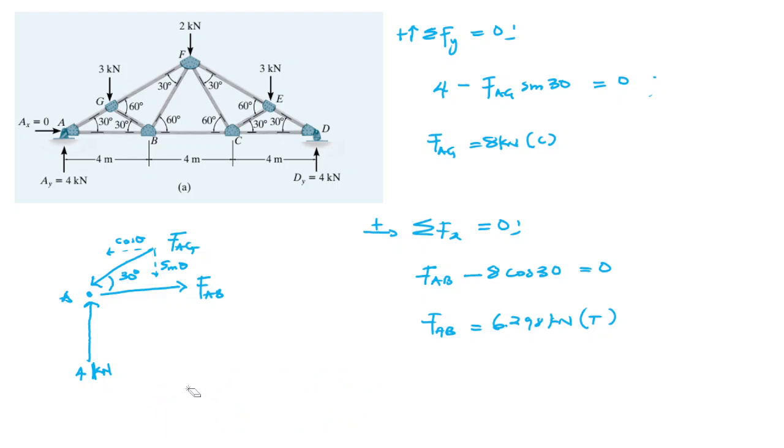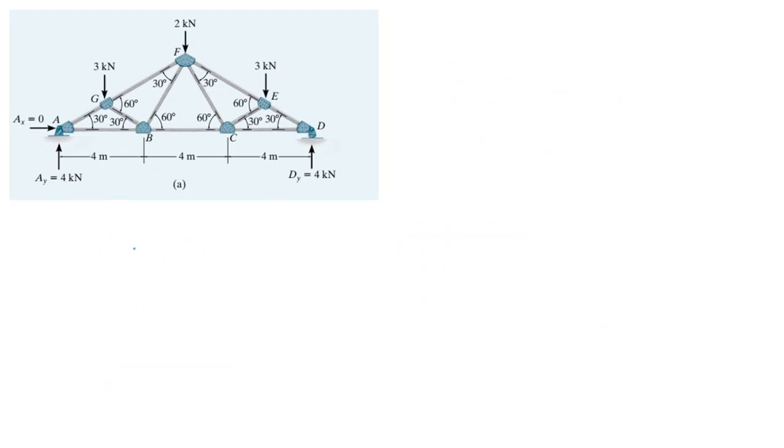We look at joint G. So we go to joint G. If we take joint G for instance, joint G is like this.